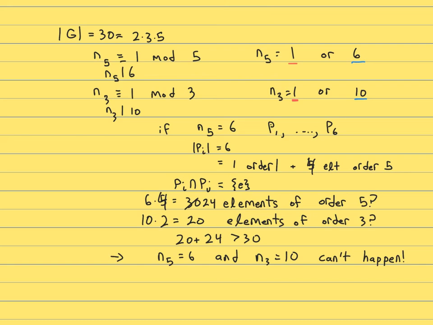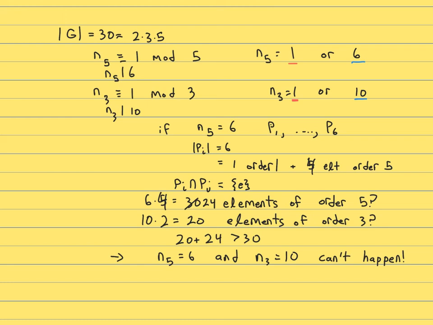It is never the case that you have 6 Sylow 5 subgroups and 10 Sylow 3 subgroups. And this happens in classification type results. You have to rule out things by saying that there's no such group with these types of properties.